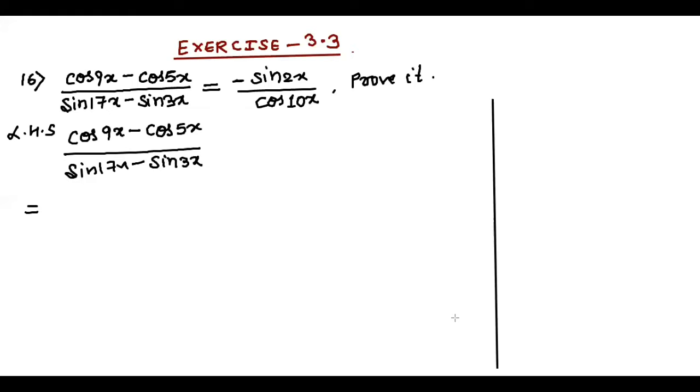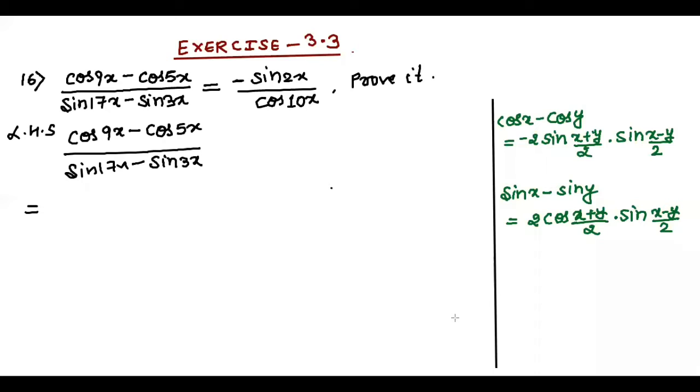So we know that cos x minus cos y is minus 2 sin((x plus y) by 2) into sin((x minus y) by 2), and sin x minus sin y is 2 cos((x plus y) by 2) into sin((x minus y) by 2).